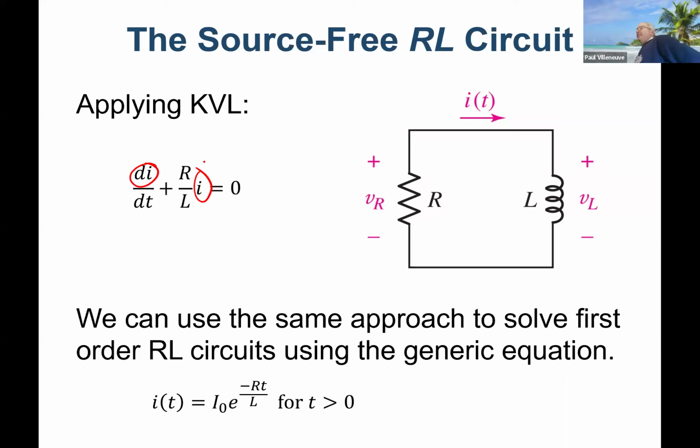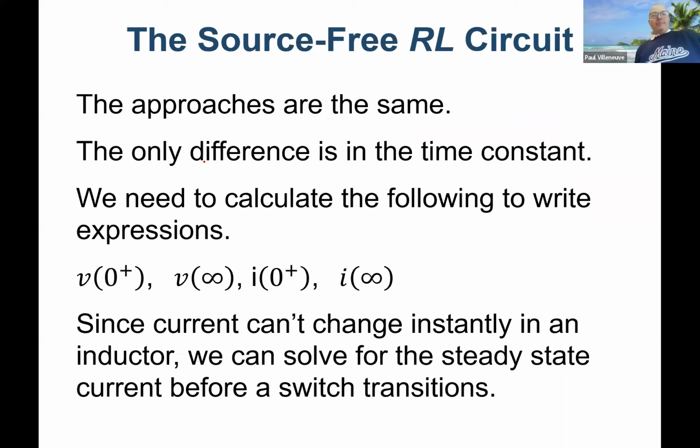So the only solution that is valid for this is when we have an e to the something t for its solution. So our generic approach, which is the y of t equation, is going to allow us to solve simple RL circuits. The difference is, what can change instantaneously in an inductor?